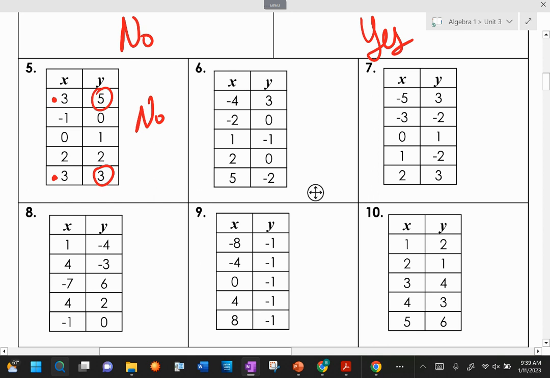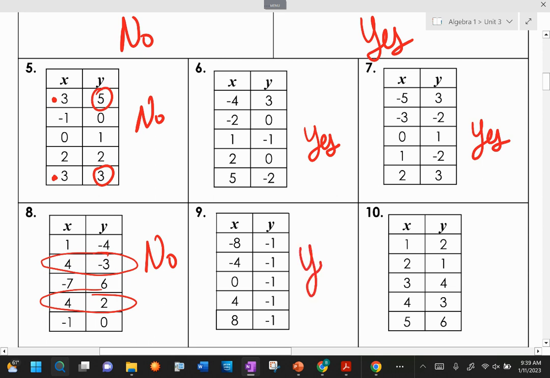Yes. Number 7. Yes. Number 8. No. What? I'm lagging. How is it no? Oh, there's 2 4s. Silly Brian. Okay. Number 9. Yes. Number 10. Yes.